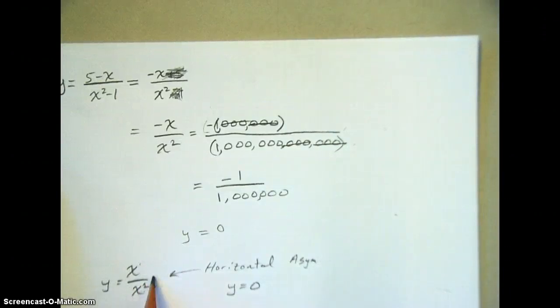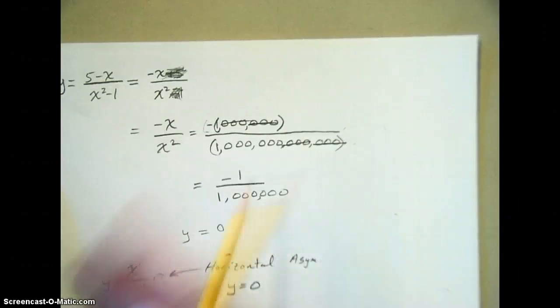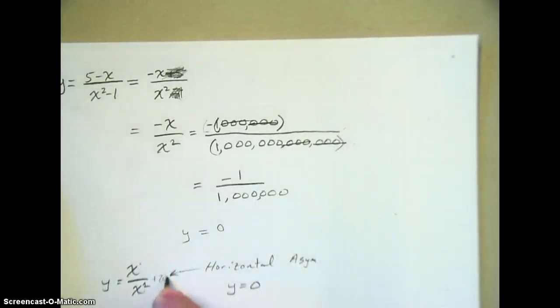If we said plus 7 out here, then it would be at 7, because this is 0 and we're adding 7. If it was plus 20 out here, it would be 0 plus 20, and our asymptote would be at 20.